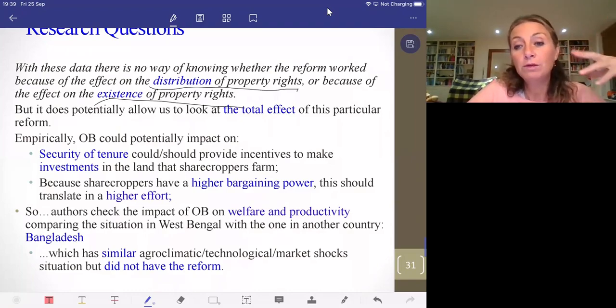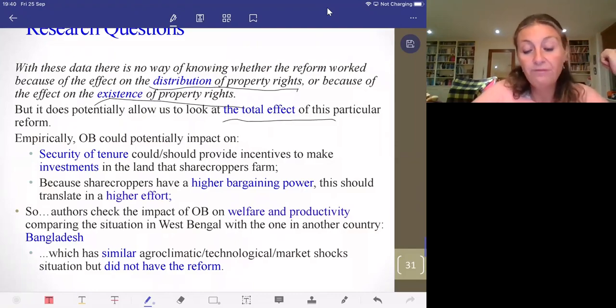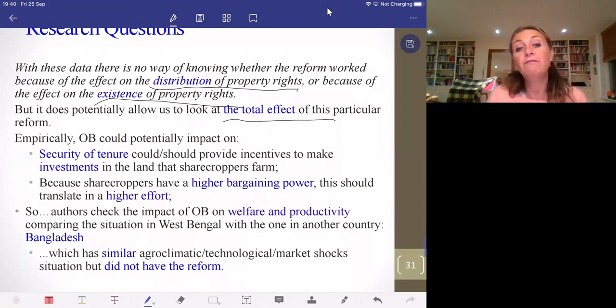And they use the amount of registration as a proxy for the intensity of the program. So what they can actually do is to look at the total effect of the reform, without being able to disentangle whether there was an impact more of the distribution rather than the existence at all.